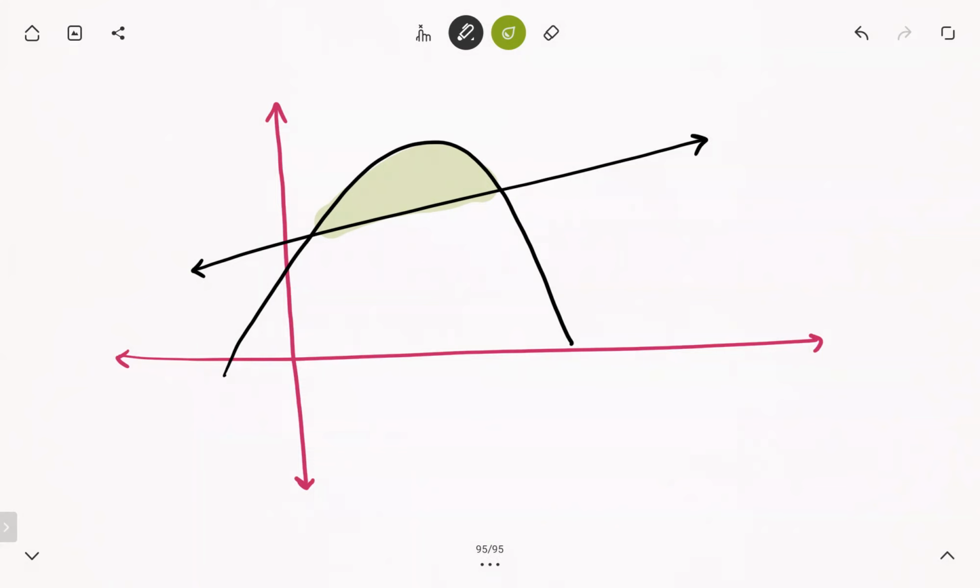And the question says find the shaded area only. So how will you do that?